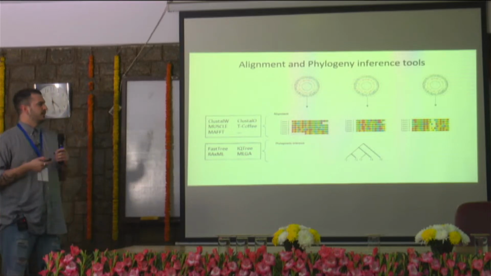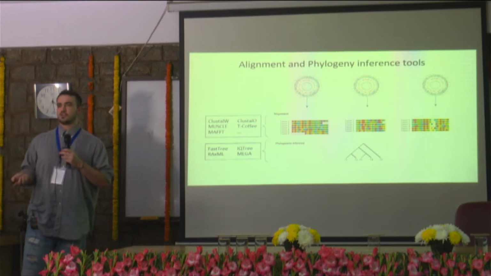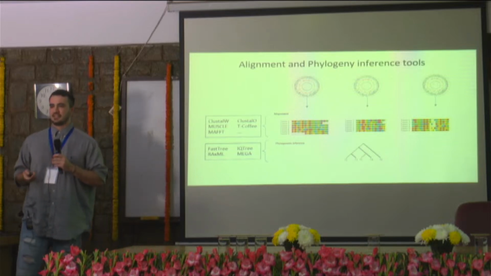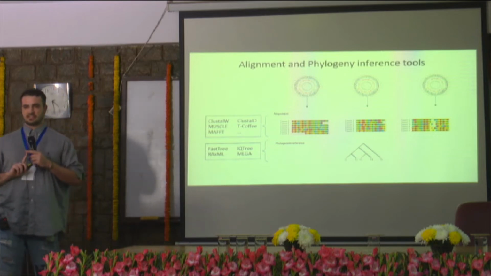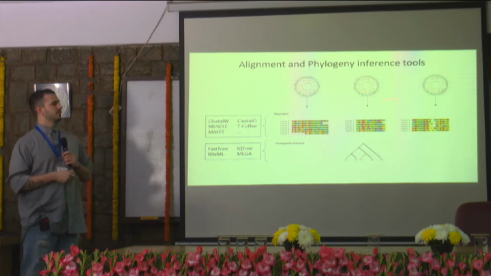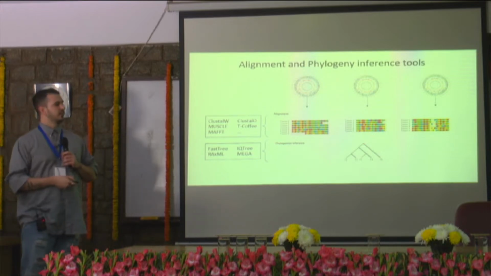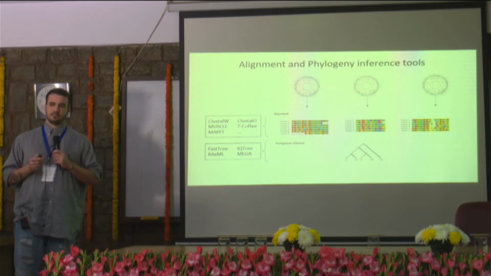So you have a lot of tools here, and you will think, okay, how do I choose one? How do I know which one is the best? That's a difficult question, and it depends on your objective. Imagine that you are comparing only 3 organisms. That's not many, so you are only going to align 3 sections of DNA.